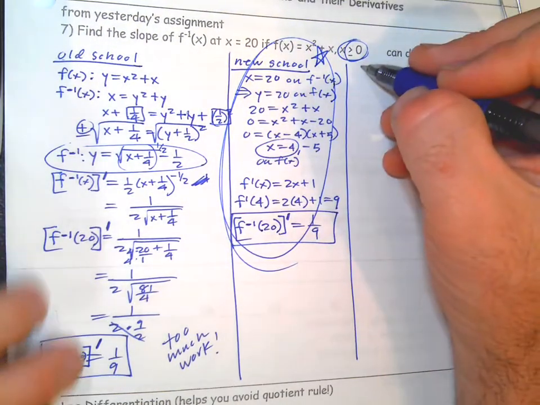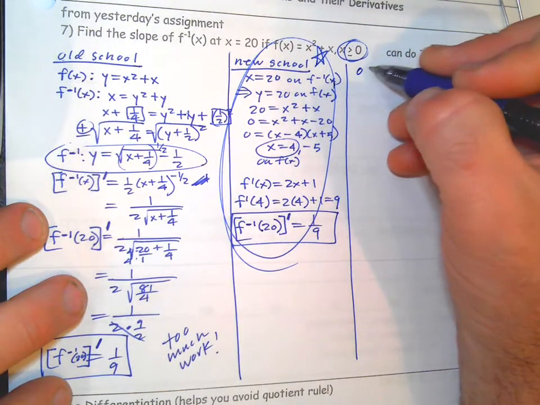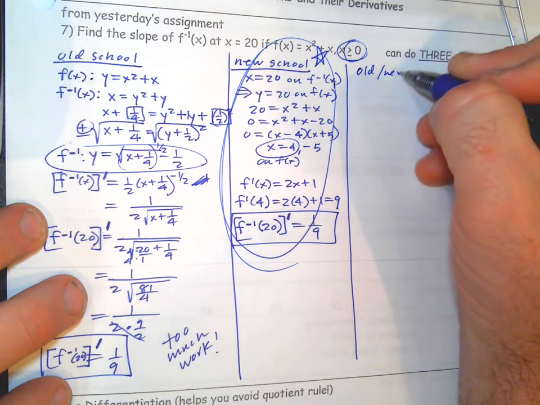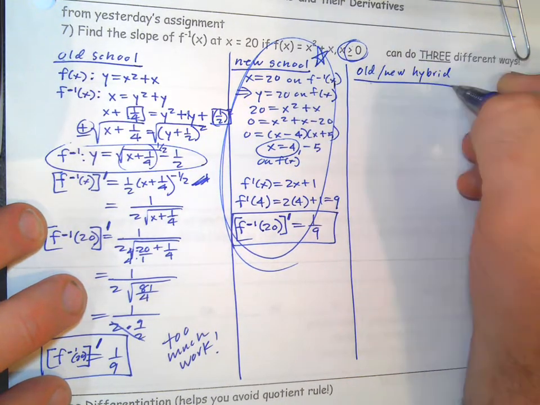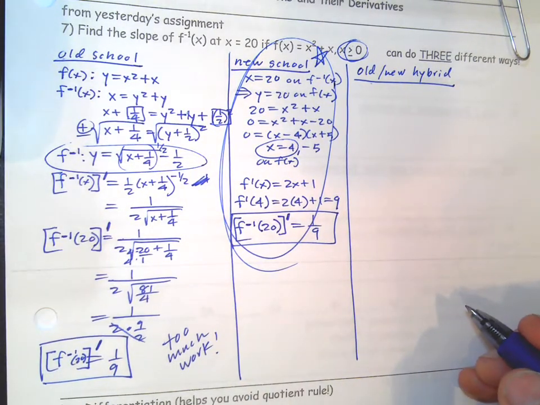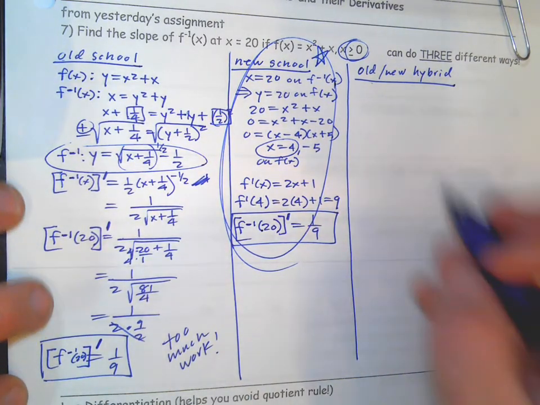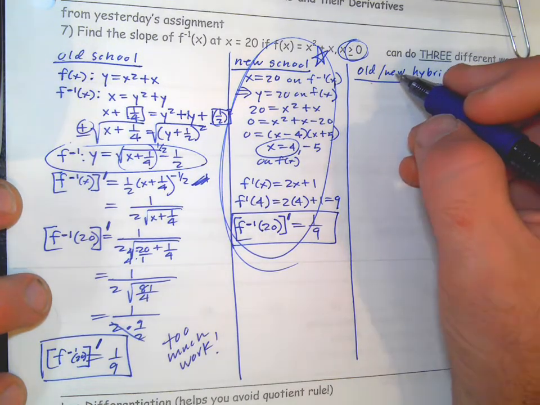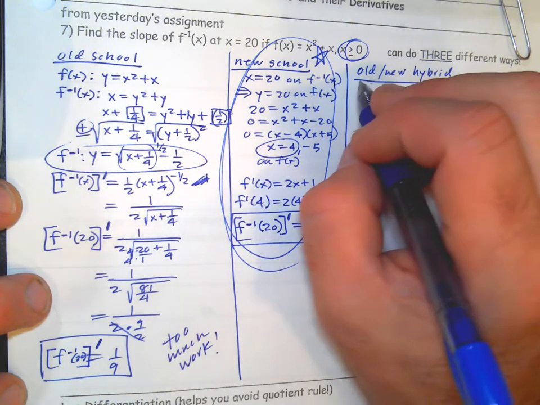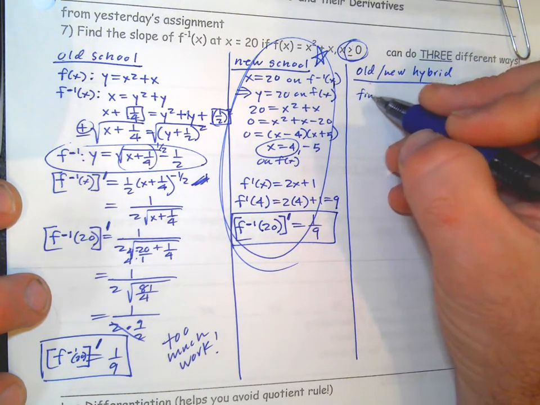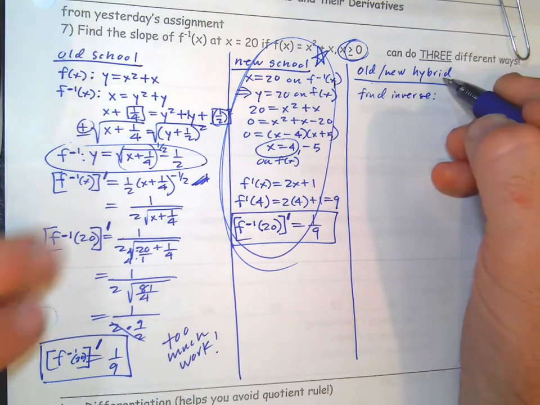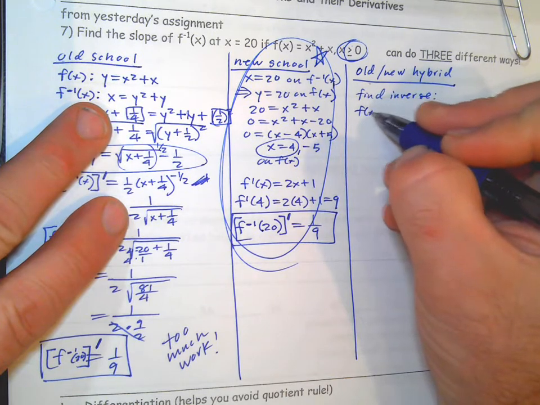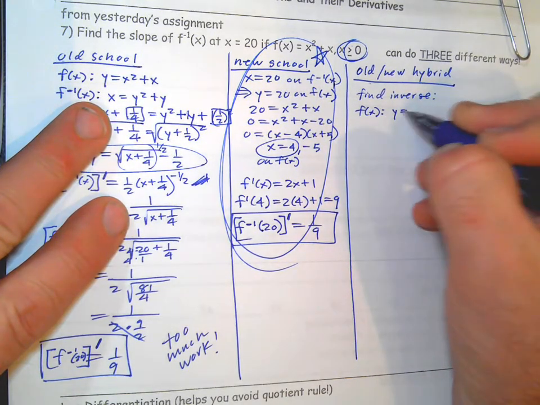Okay, now I do have an old/new hybrid approach. A little of both. A little finding the inverse, but a little kind of new tricky stuff. So we could go ahead and find the inverse, but avoid some of the potentially gross or impossible situations.